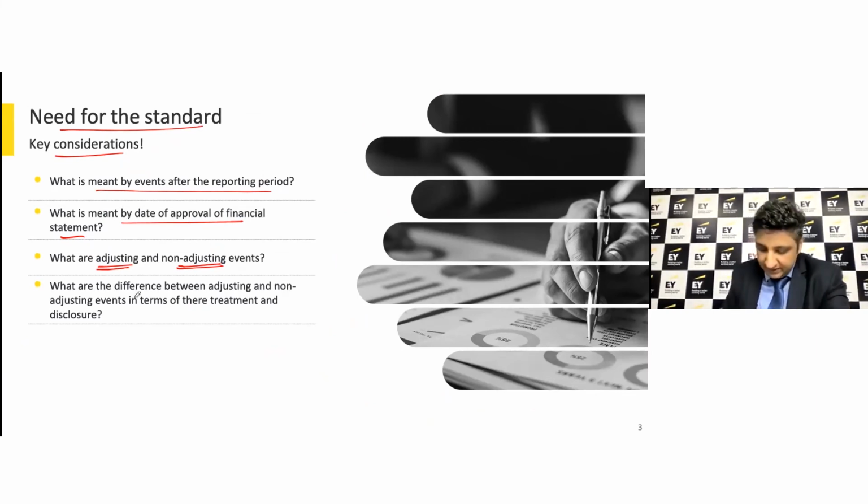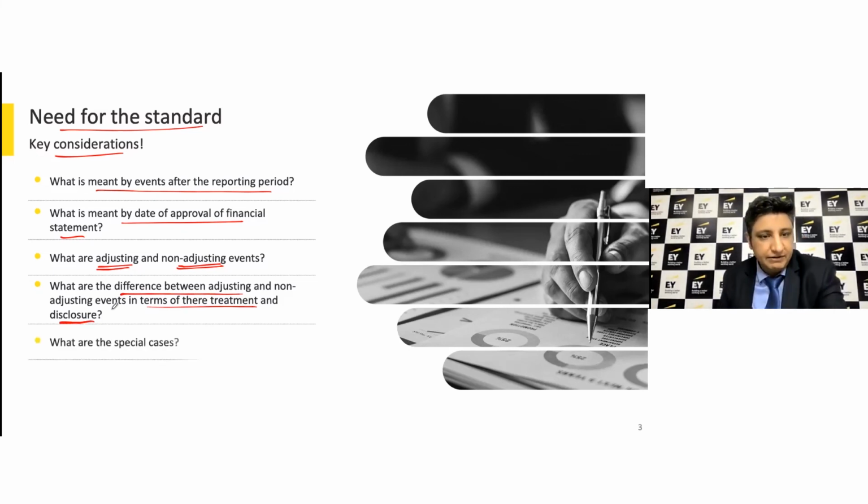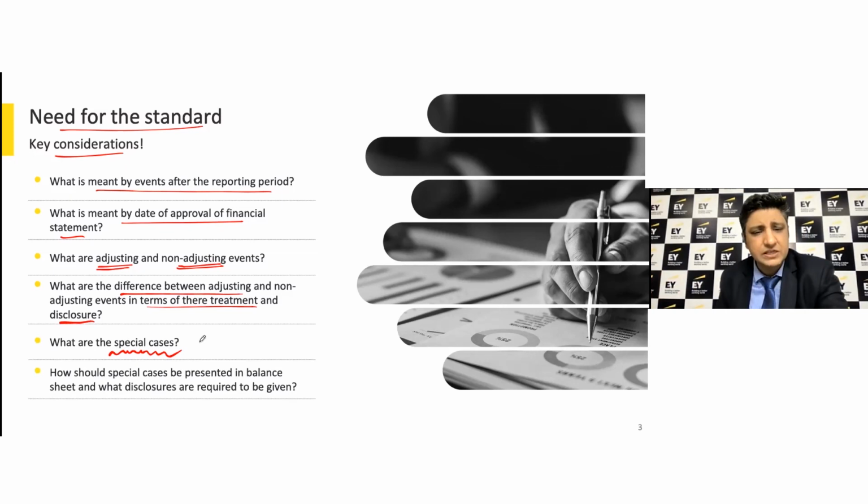And accordingly, how is the treatment of these events done in the financial statements? And there are specific instances which Ind AS has highlighted, that in case something of that sort happens after the reporting period, even that needs to be dealt with. Okay. And finally, how should these be presented in the balance sheets, and what disclosures are required to be given by an entity?